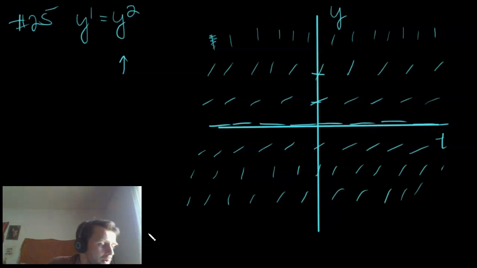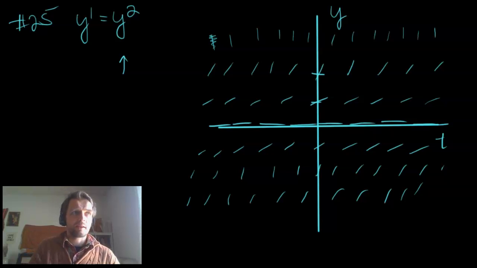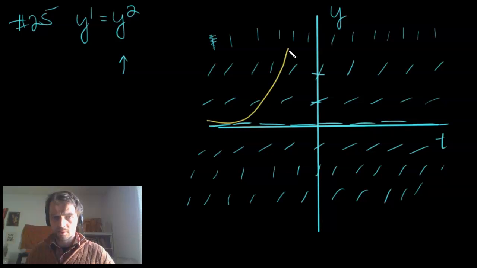A couple of the things that we're asked here to do: tell if we expect vertical asymptotes or oblique asymptotes. In this case, since it keeps going steeper and steeper, my intuition would tell me that yes, we are going to get vertical asymptotes. So solutions probably look something like this.